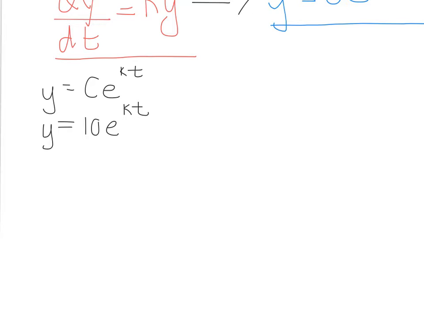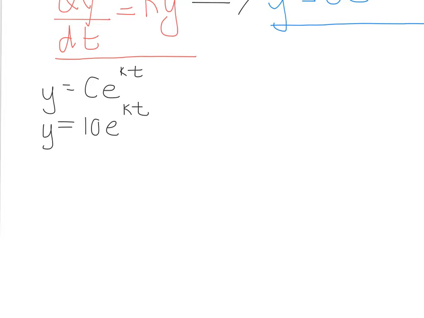It also tells us that the half-life is 24,100 years. Hopefully you know what half-life is or have a rough idea. Half-life tells you how long it takes for a quantity to be cut in half.